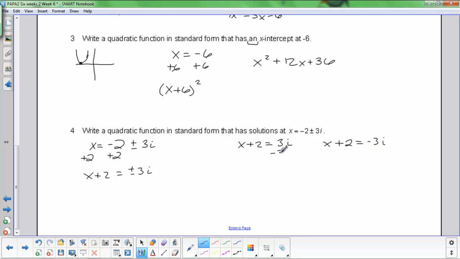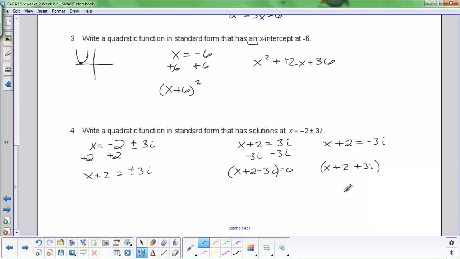The next step, subtracting 3i from both sides. x plus 2 minus 3i equals 0 is our first binomial this time, with a real and an imaginary part. And then it's x plus 2 plus 3i.